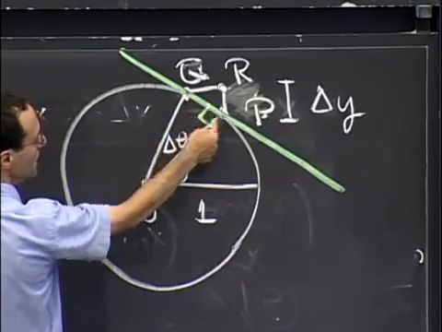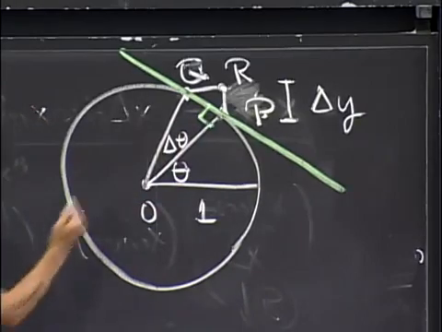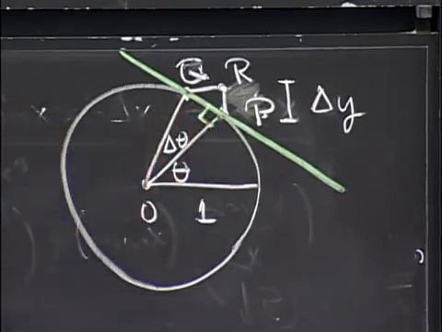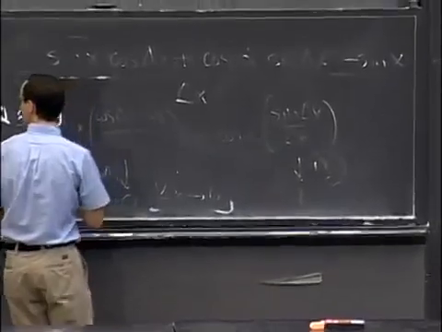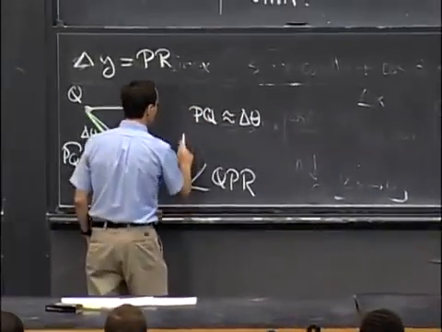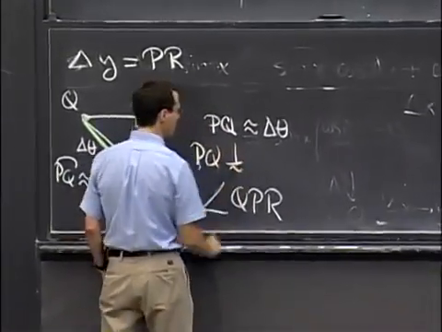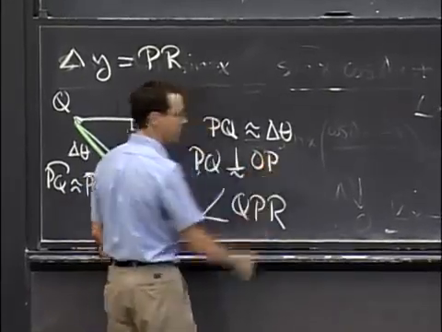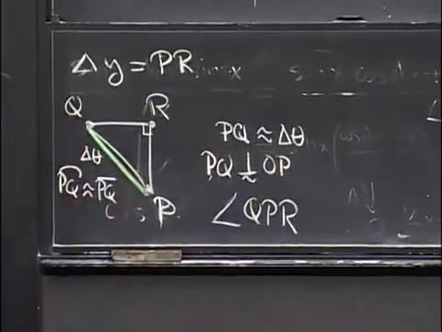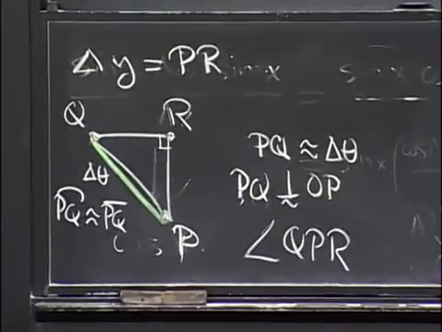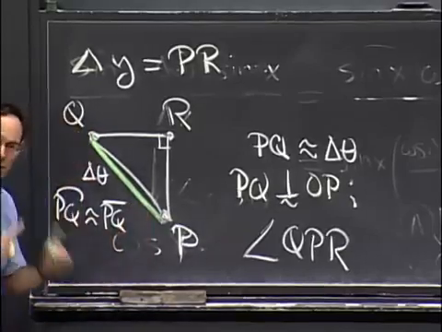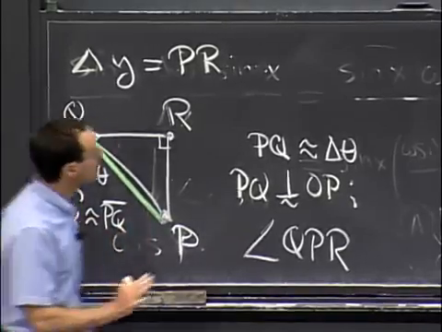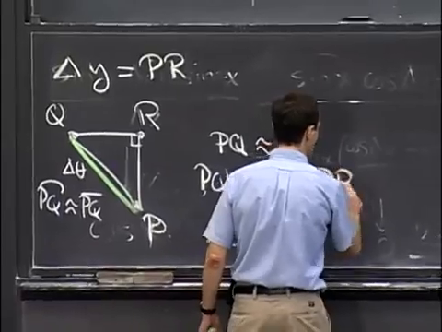But in the limit, it's going to be exactly perpendicular, the tangent line to the circle. So the key thing that I'm going to use is that PQ is almost perpendicular to OP. The ray from the origin is basically perpendicular to that green line. And then the second thing I'm going to use is something that's obvious, which is that PR is vertical.